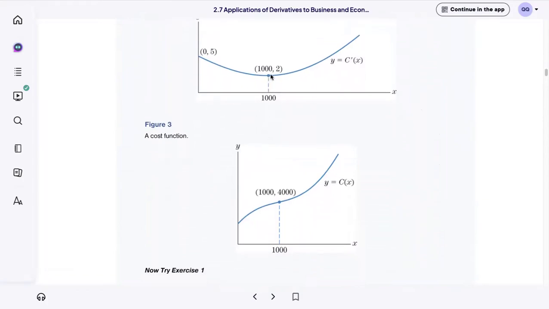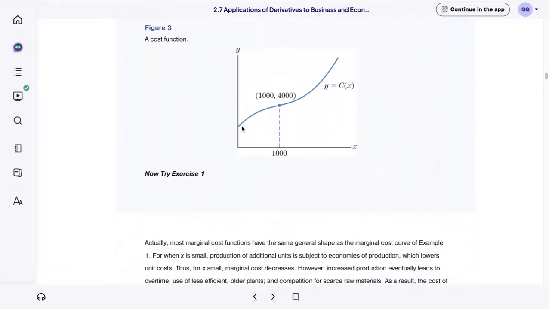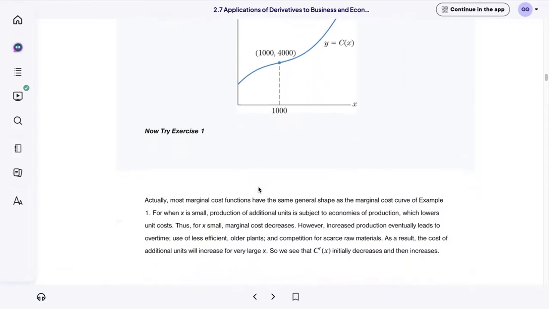We get the minimum point at 1,000, 2. And if we find the concave down, concave up, we see from 0 to 1,000 is concave down, and from 1,000 up is concave up. The inflection point is 1,000, 4,000. Don't worry about this kind of question, all right? It won't happen in the exams because the numbers are too annoying to calculate.